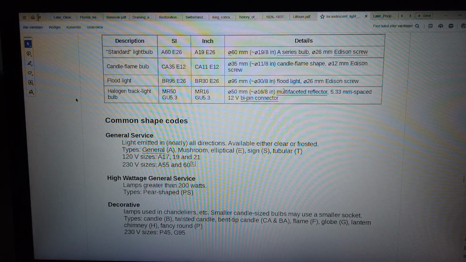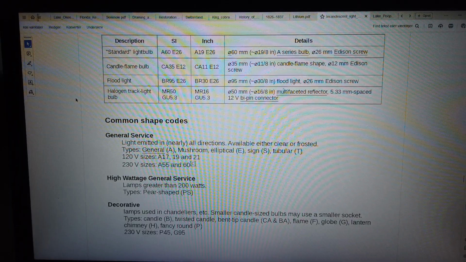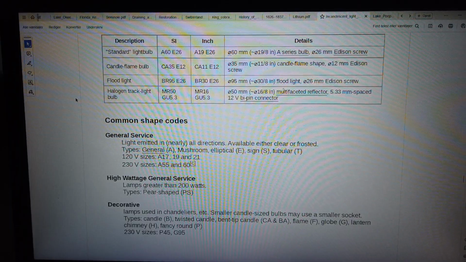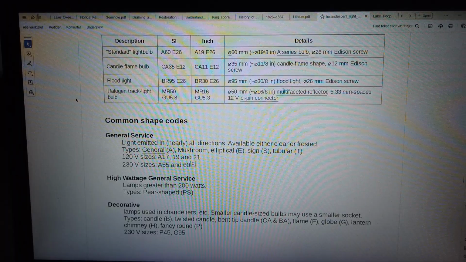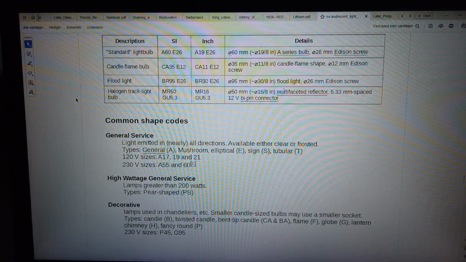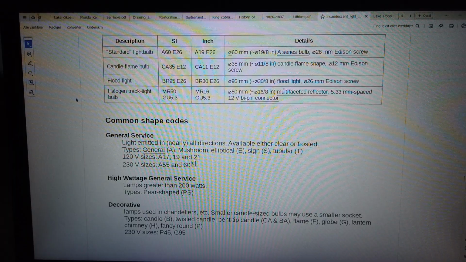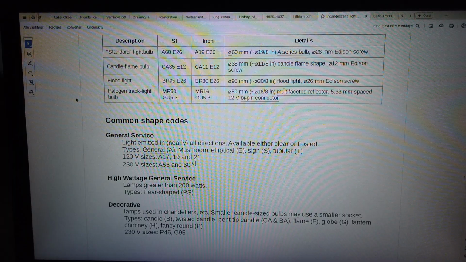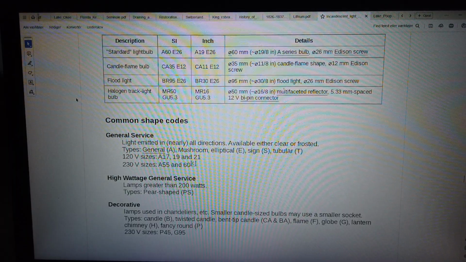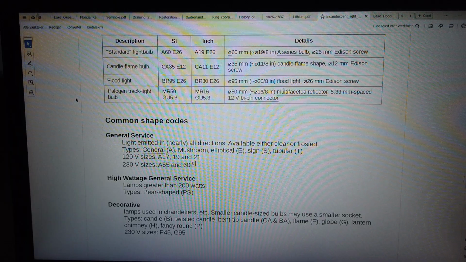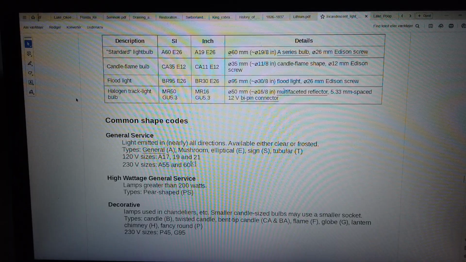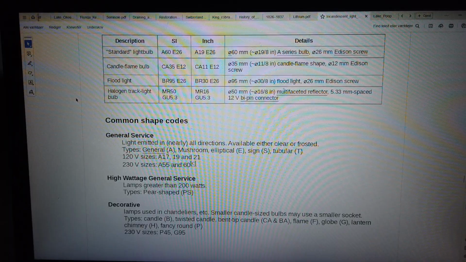Common shape codes. General service: light emitted in nearly all directions. Available either clear or frosted. Types: general, A, mushroom, elliptical, E, sine, S, tubular, T. 120V sizes: A17, 19 and 21. 230V sizes: A55 and 60. C: high wattage general service lamps greater than 200 watts.